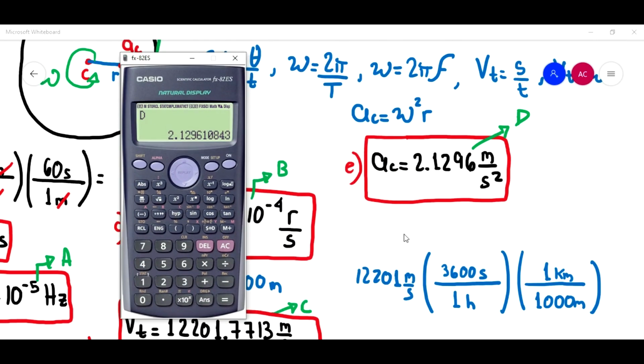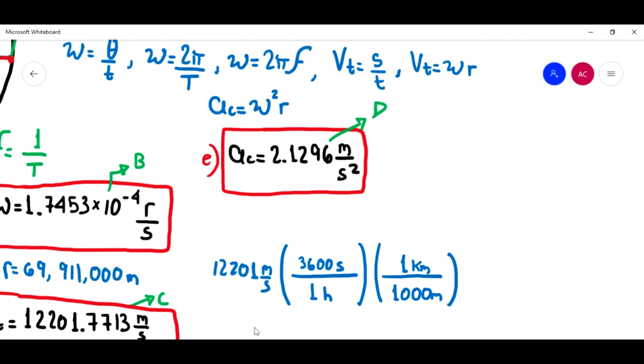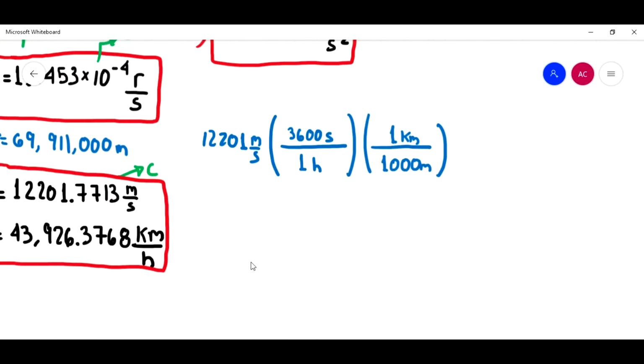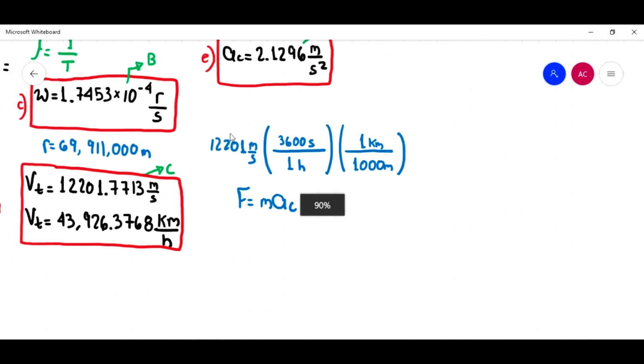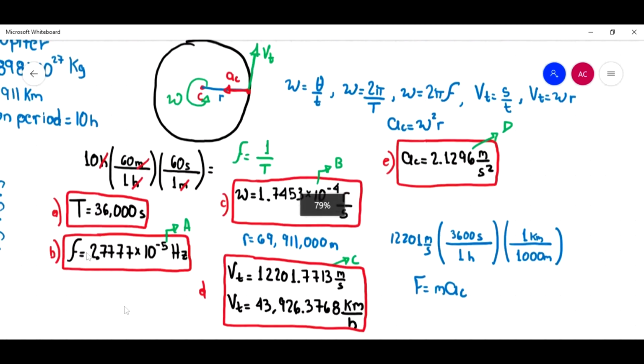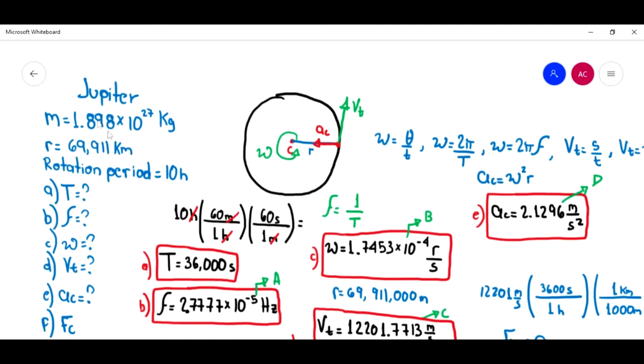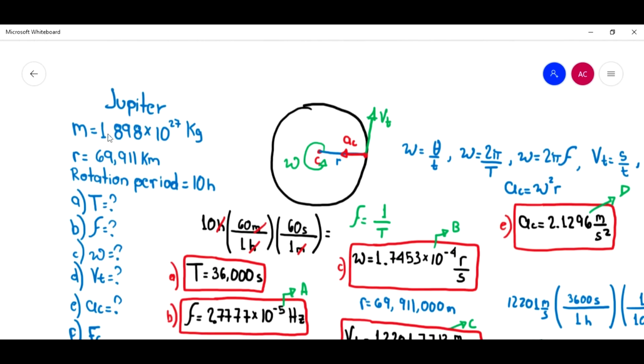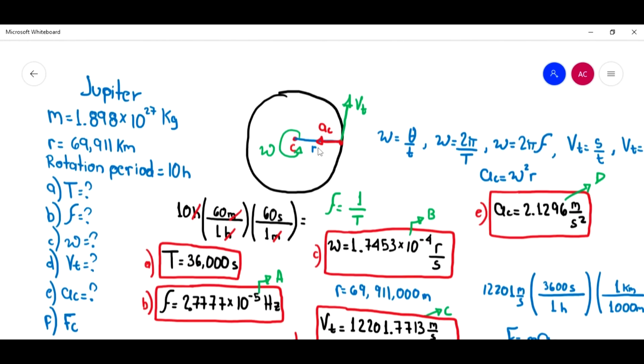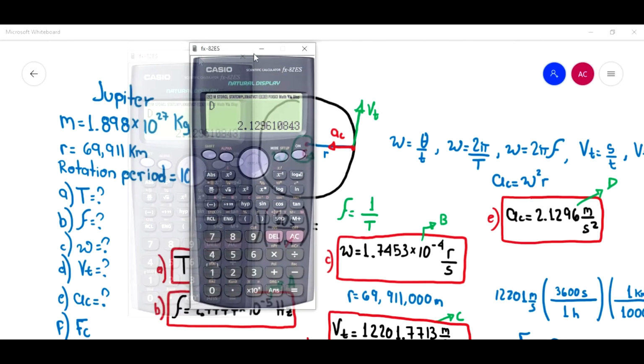Okay, now let's find the force. There is an equation for force. Force equals mass times the centripetal acceleration, and mass must be in kilograms. Well, let's see if I got the mass in kilograms. Yes, okay, it is this number over here, and I'm going to multiply that number times D, because the centripetal acceleration, I got it saved in D. So, well, let's do it.